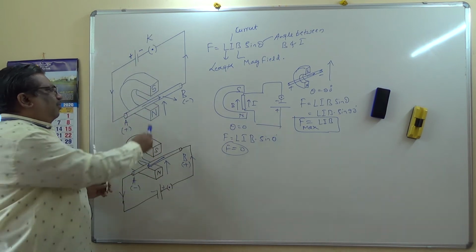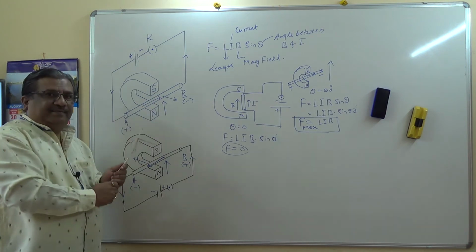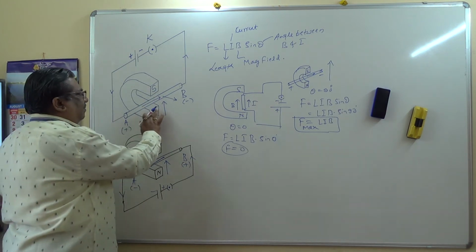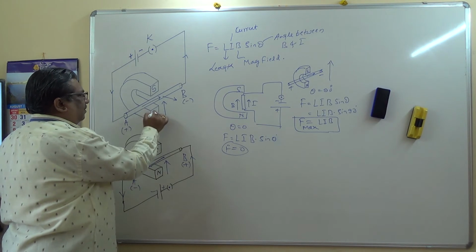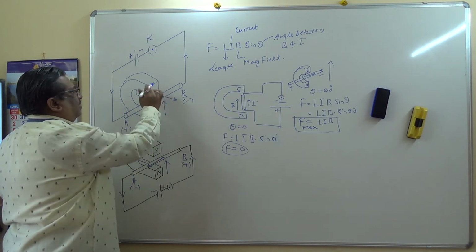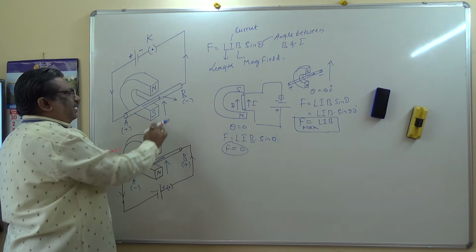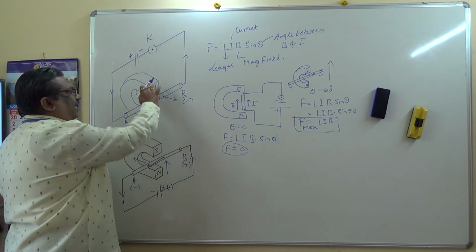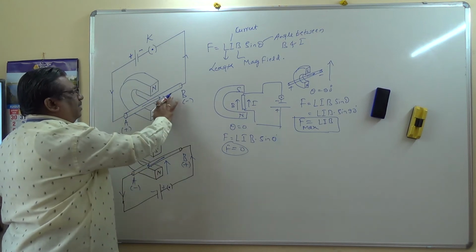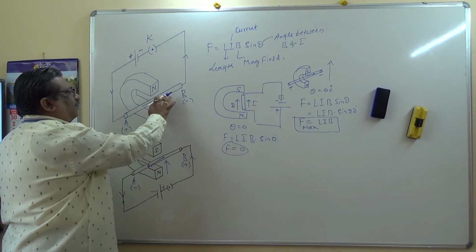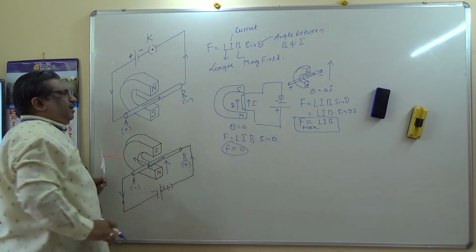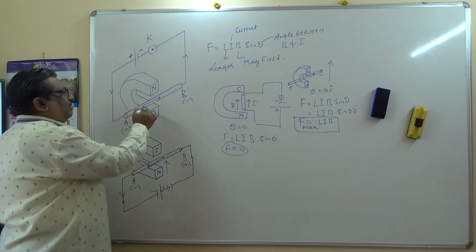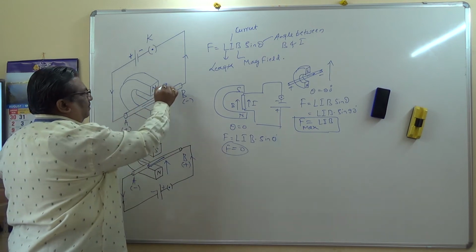Now let me change the polarity of the horseshoe magnet. This I'll make it south and this will make it north. In this case, let us apply Fleming's left hand rule. Magnetic field is from north to south.